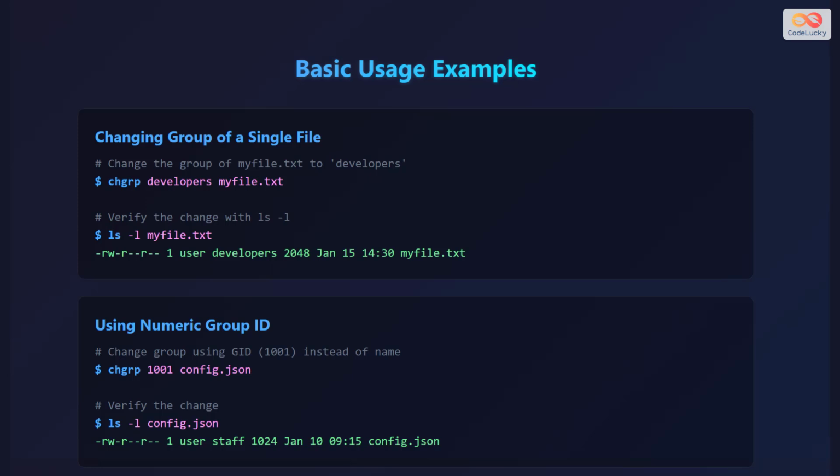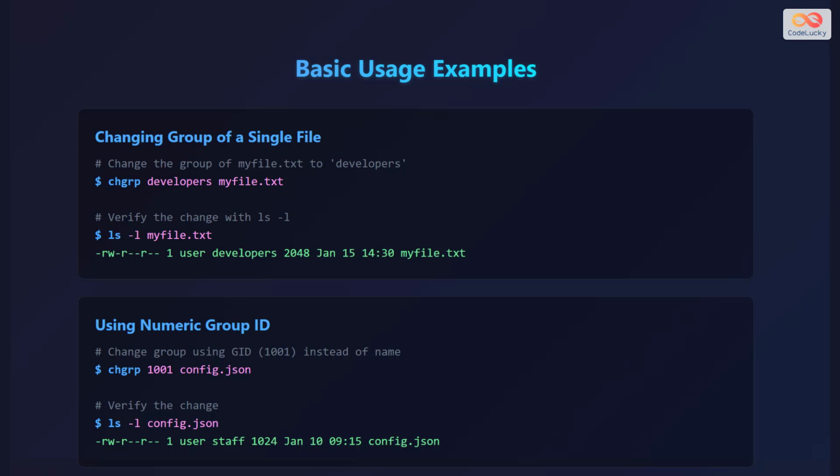You can do this by using the ls -l command followed by the file name, which in this case is ls -l myfile.txt. The output will show the file's permissions, owner, group, size, and modification date, confirming that the group has been successfully changed to developers.